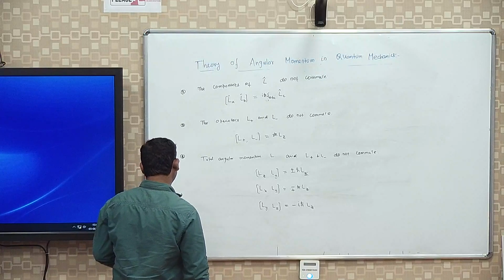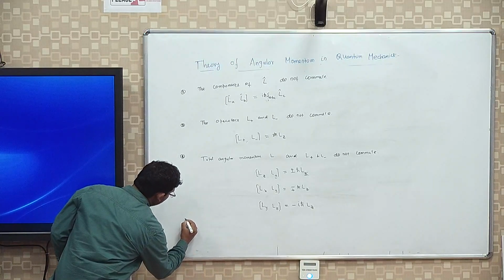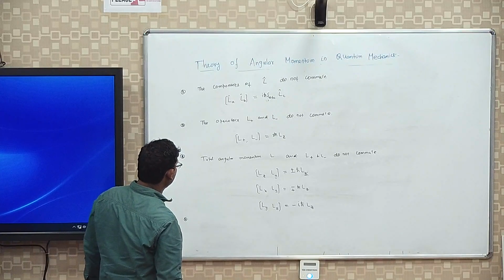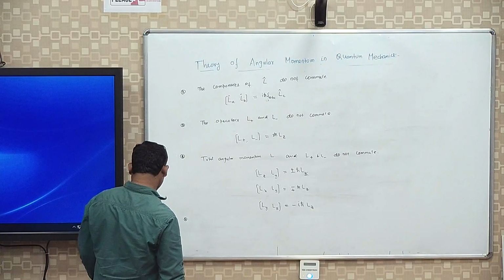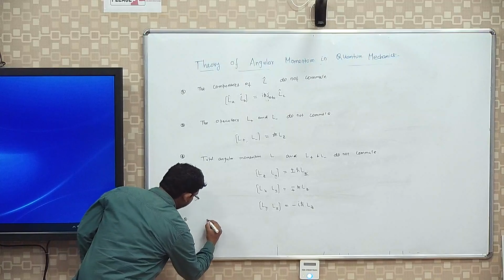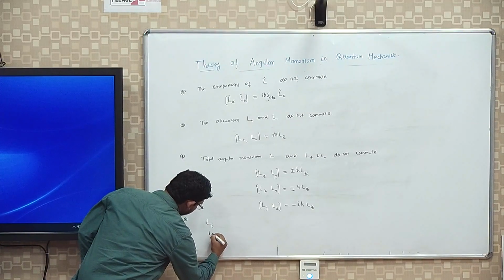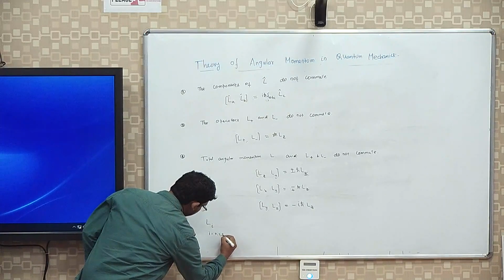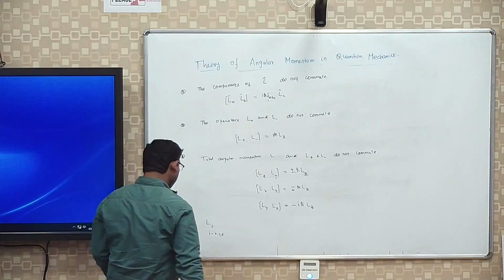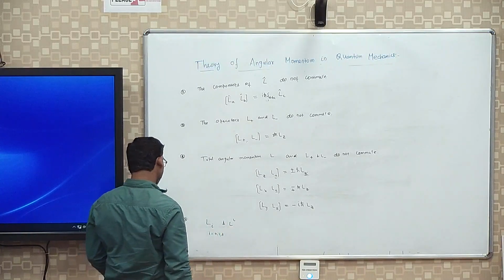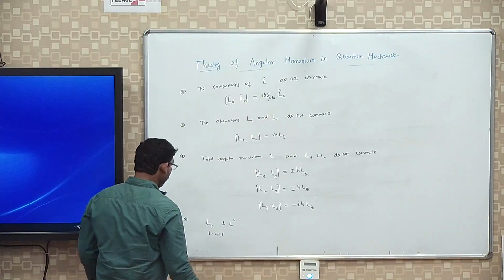Finally, the component of the angular momentum Li, here i equals x, y, z, and L squared, the total angular momentum, commute with each other.